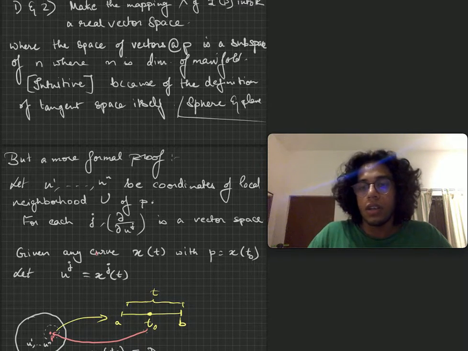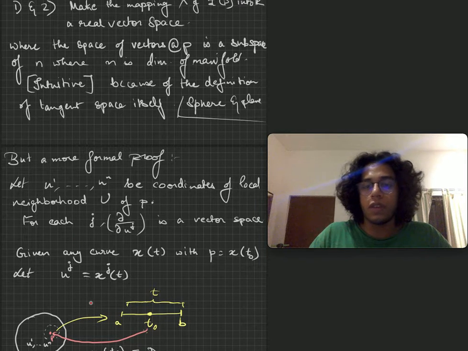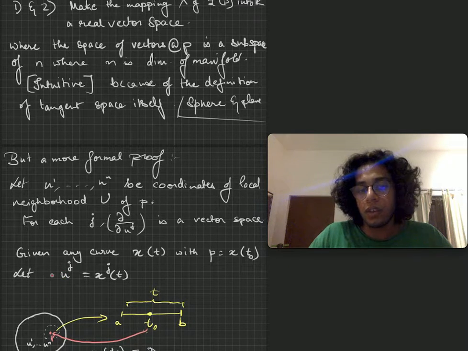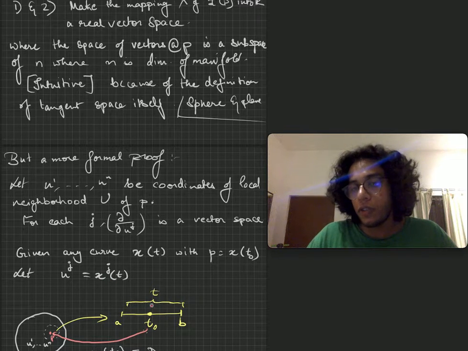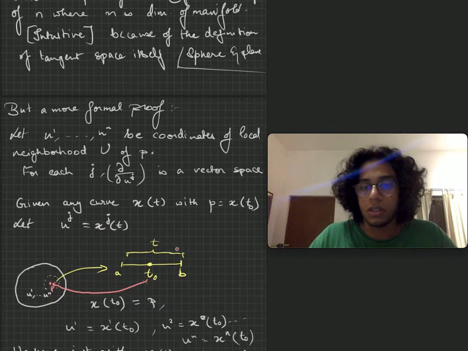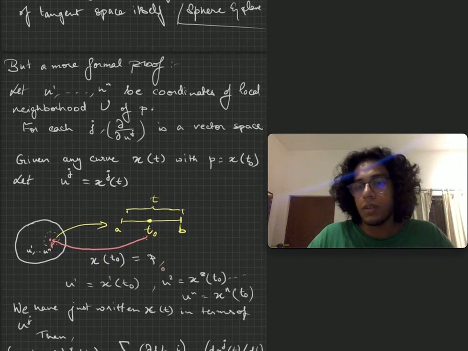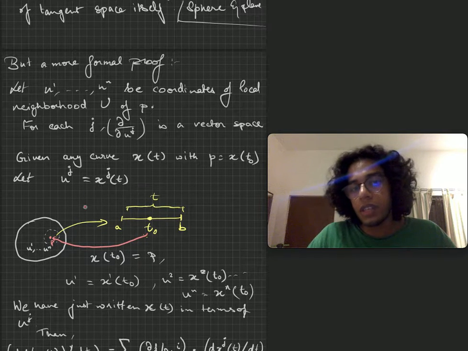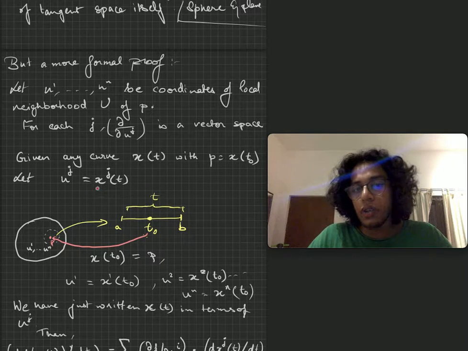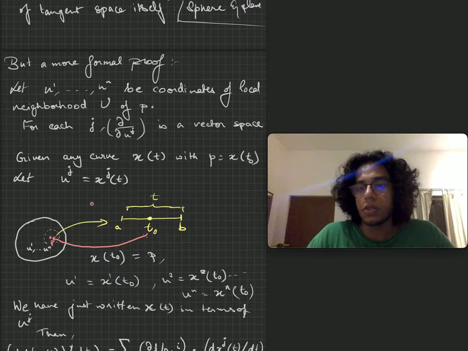That is obvious, right? You're just introducing some coordinate basis here. So let uj equal xj of t. You have some coordinate system set up. Because xj of t is really arbitrary, you can set it equal to uj and it makes no difference.